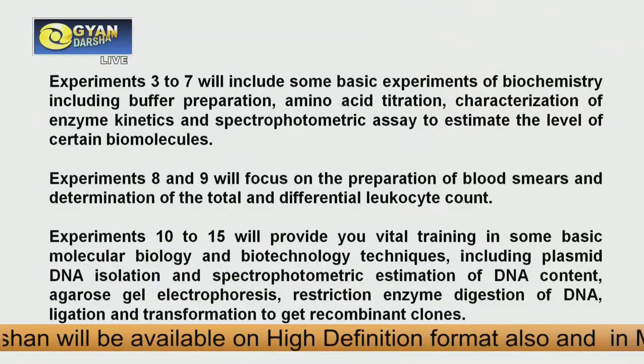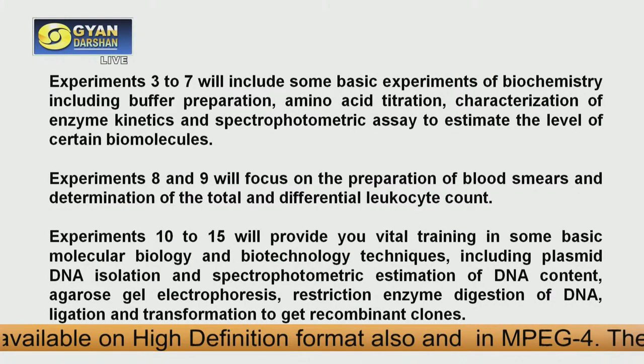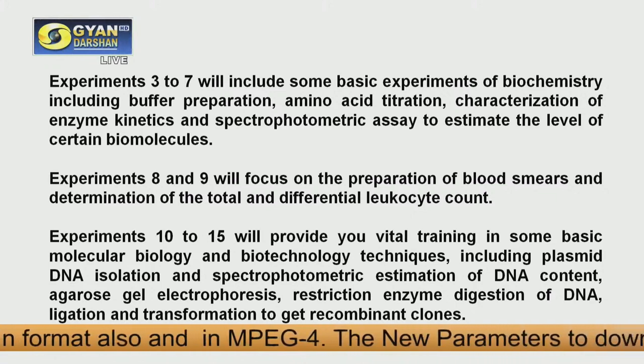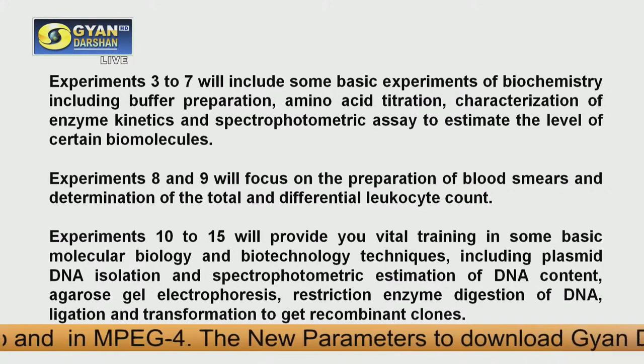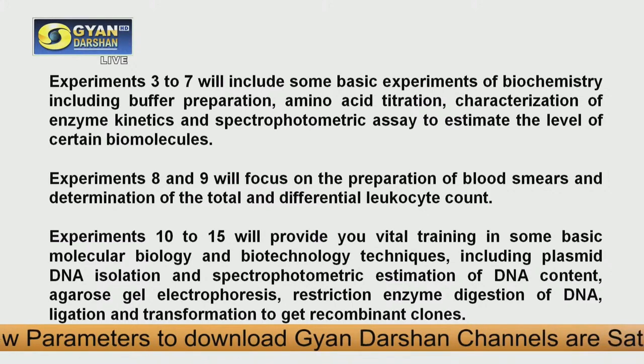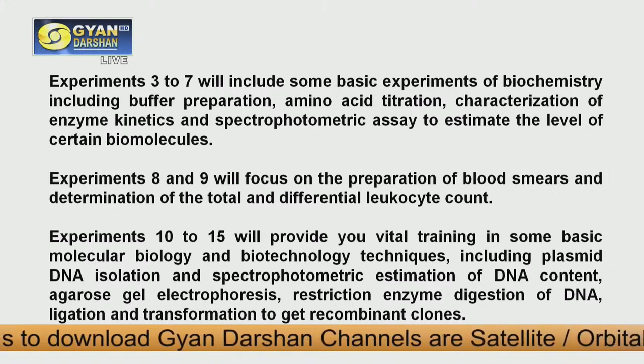Now experiments 3 to 7 will include some basic experiments of biochemistry, including buffer preparation, amino acid titration, characterization of enzyme kinetics, and spectrophotometric assay to estimate the level of certain biomolecules. Because if you see, you have a paper on physiology and biochemistry.